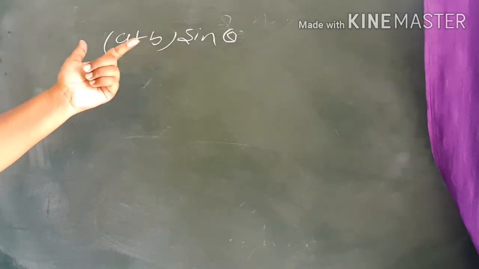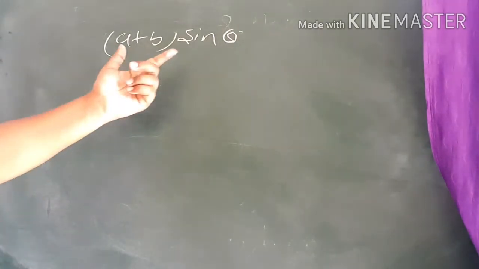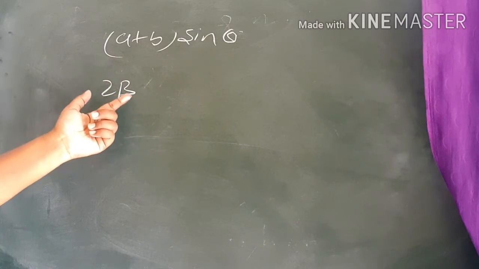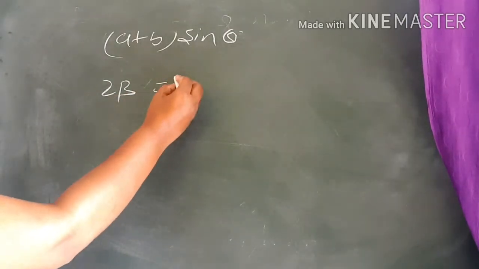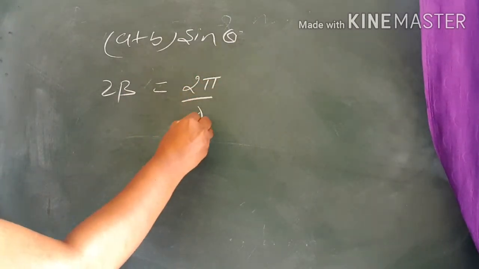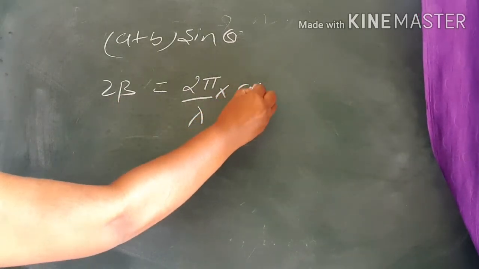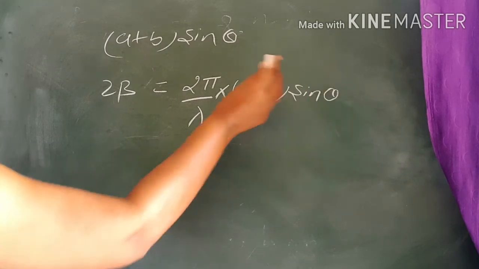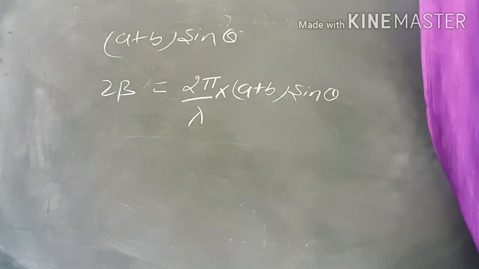Suppose the corresponding phase difference is 2 beta. We can write 2 beta is equal to 2 pi by lambda into the corresponding path difference, a plus b sine theta. This is the phase difference.